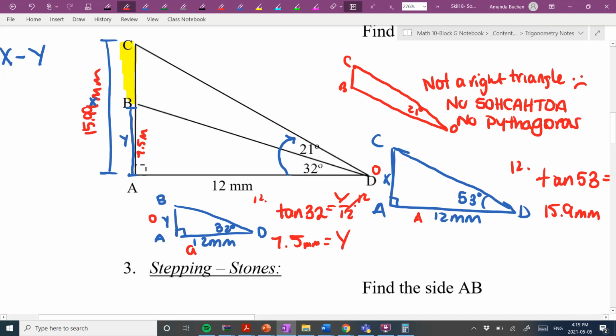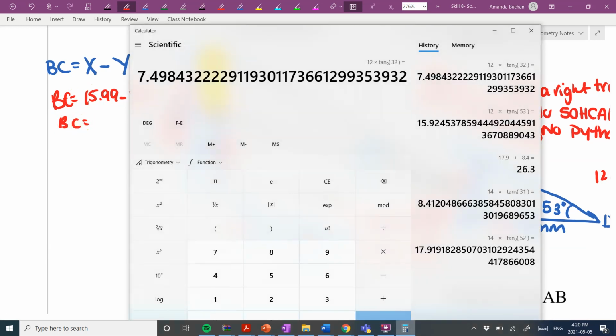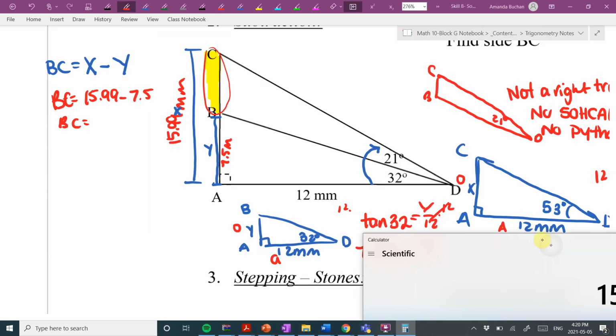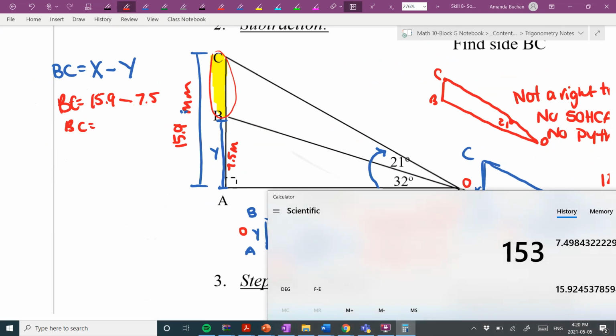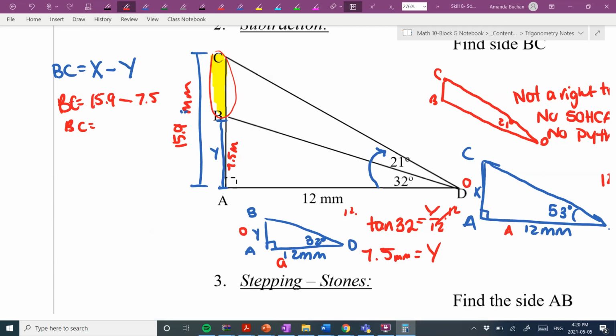So if I want to find out just the top section here, I need to go the big side minus the short side. So 15.99 minus 7.5, 8.4.